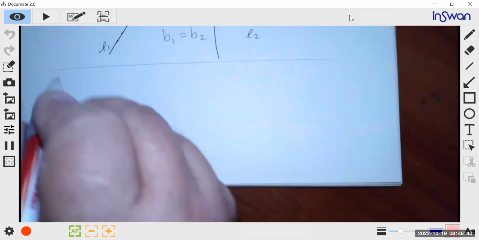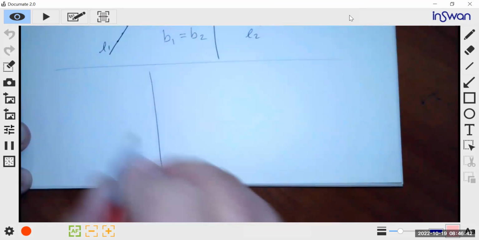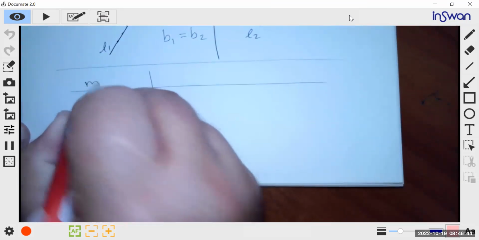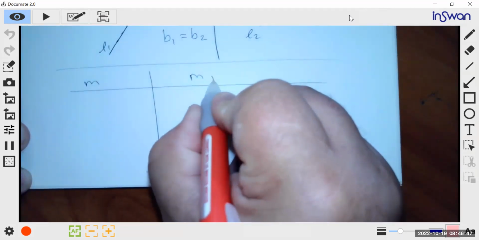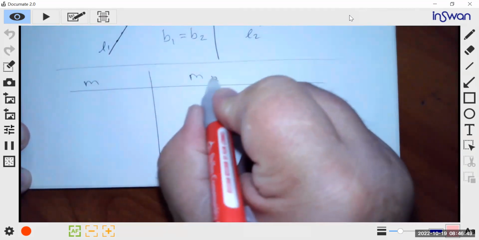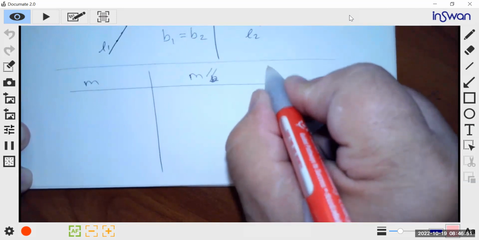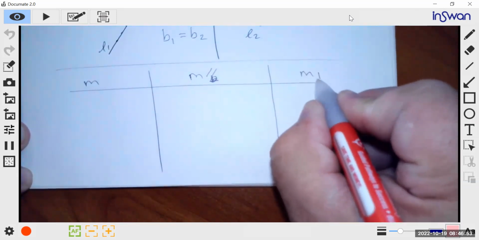And this is what I did yesterday also. Here's the slope. Tell me the slope parallel, and then tell me the slope perpendicular.